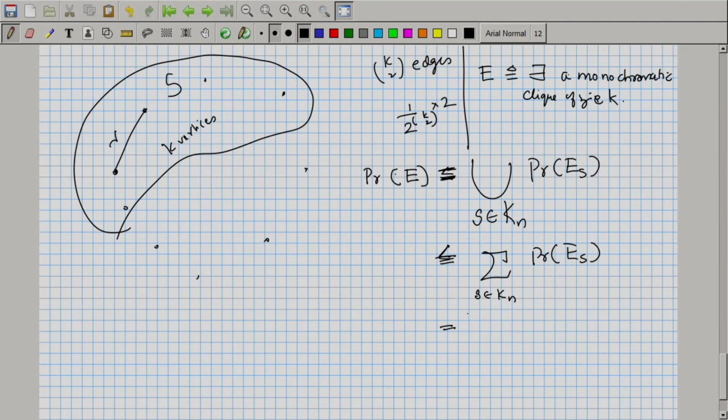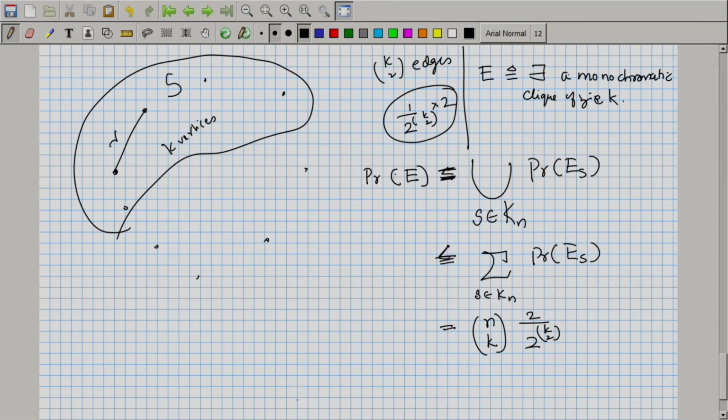So, this is equal to, there are n choose k possible subsets of size k that we could choose, and for each of them, this is the probability that it is monochromatic: 2 by 2 raised to k choose 2. This is the probability that there exists a set of monochromatic edges.